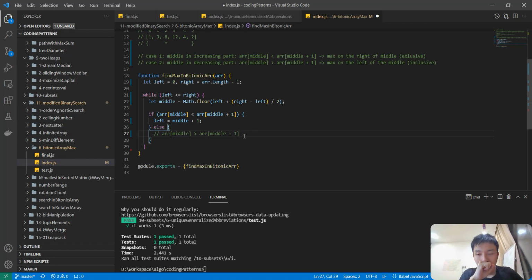It means that the middle is in the decreasing part for sure, but it can be the crossing part, which is the largest number in the decreasing part, right?